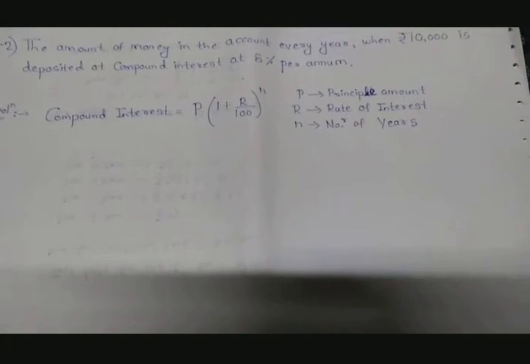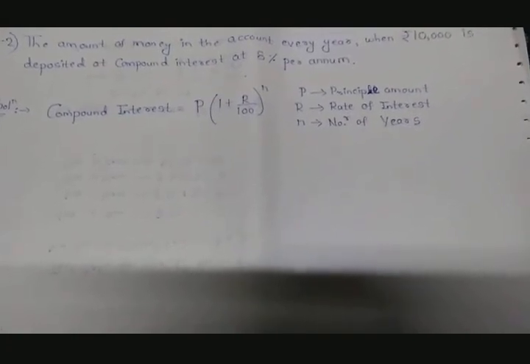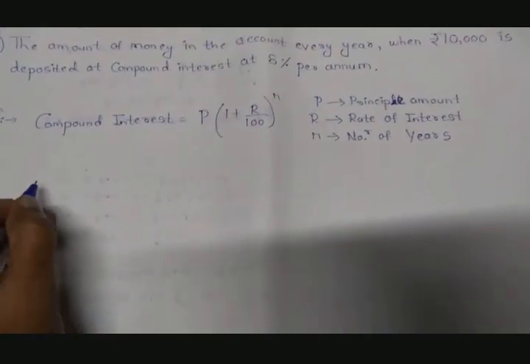Since it is a problem on compound interest, we know that the compound interest is given by the formula P into 1 plus R divided by 100 whole raised to n, where P is the principal amount, R is the rate of interest, and n is the number of years. Now we shall write down the data that has been given.